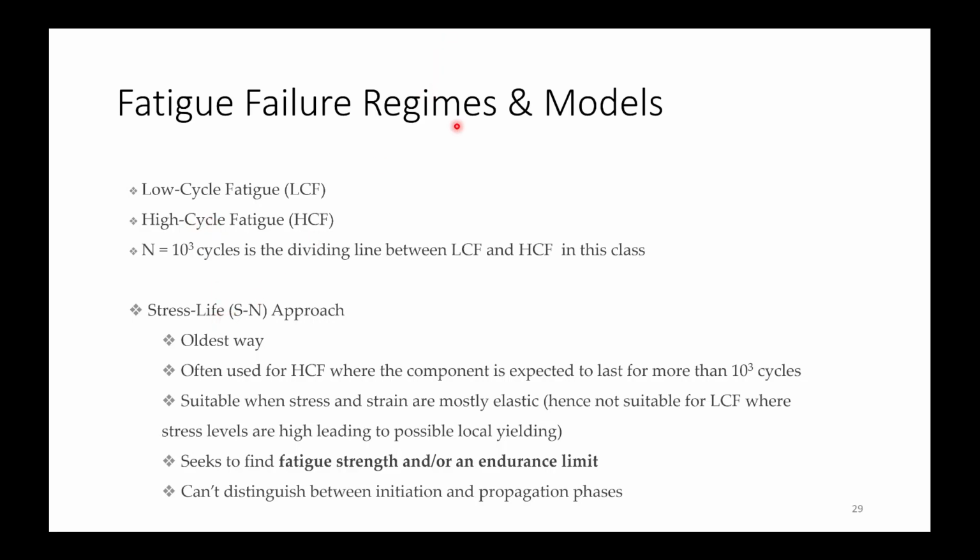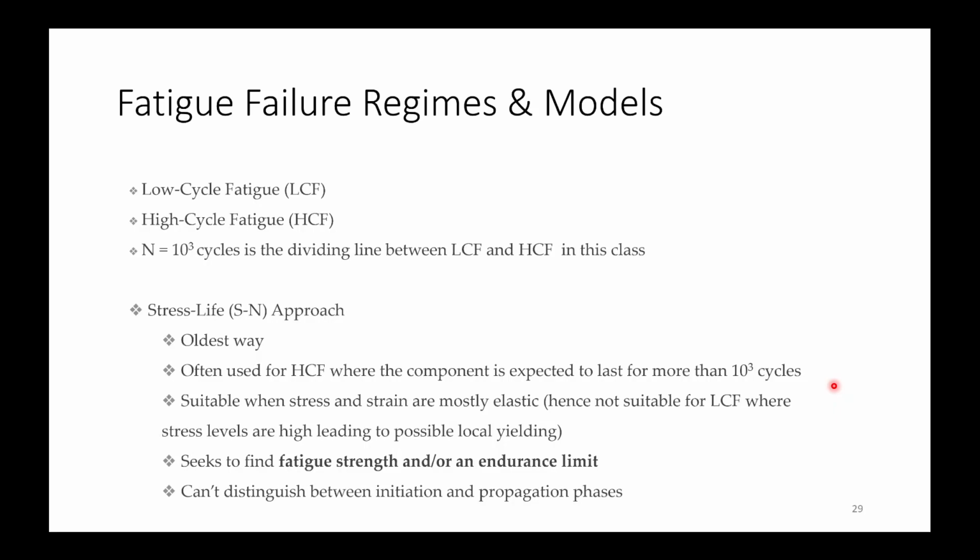And there are various fatigue failure models as well. First is the stress life approach. In this case, you'll be drawing stress on your y-axis and number of cycles on the x-axis. This is the oldest way. It is often used for high cycle fatigue, where the component is expected to last for more than 10 to the power 3 cycles.